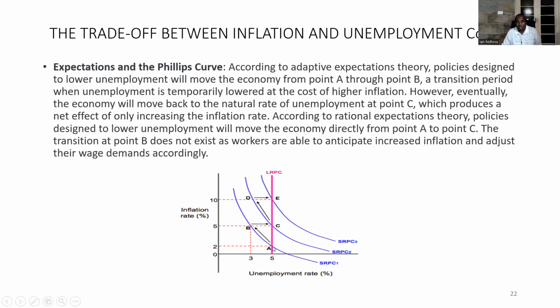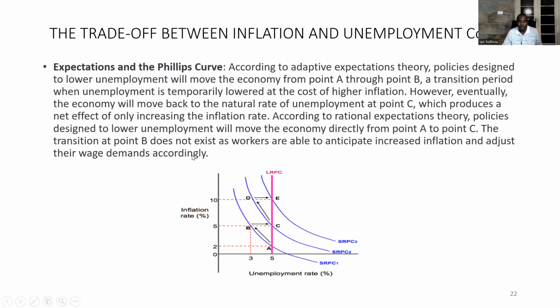the economy moves straight from point A to point C, not via point B, because the rational expectations school of thought does not have this notion of workers incorporating what was happening in the past into their reasoning in labor wage bargaining exercises in the future, or collective bargaining exercises in the future.